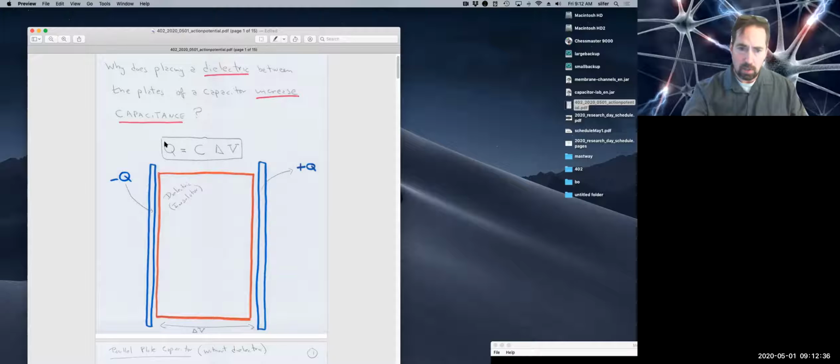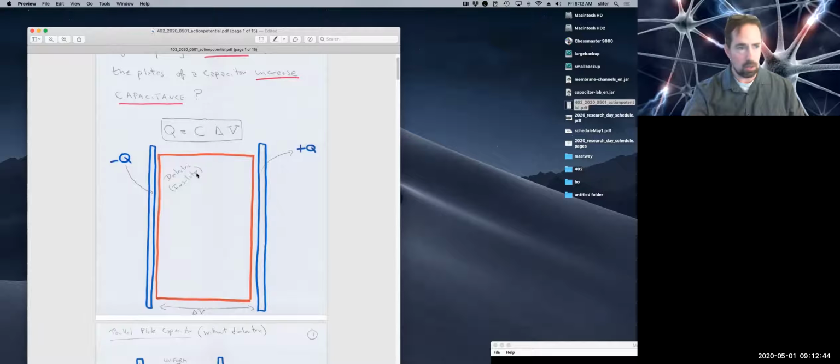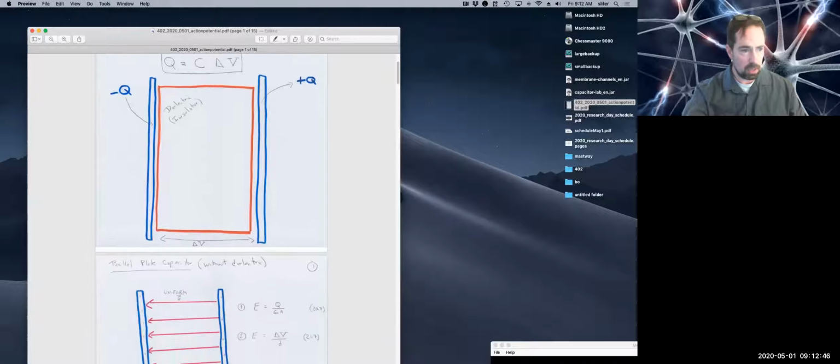It's the governing equation for capacitors. We have this potential difference between the plates, and then I come along and stick an insulator in there. Why does the C get larger? I'll try to address that today.